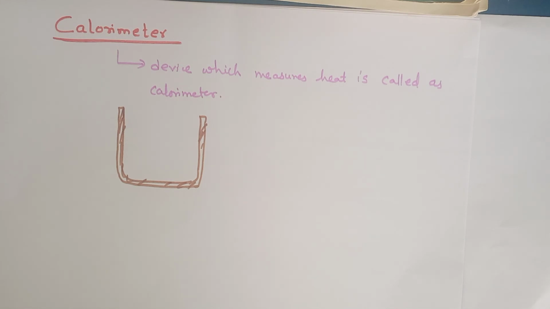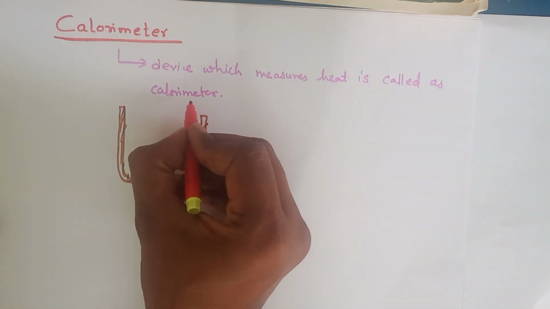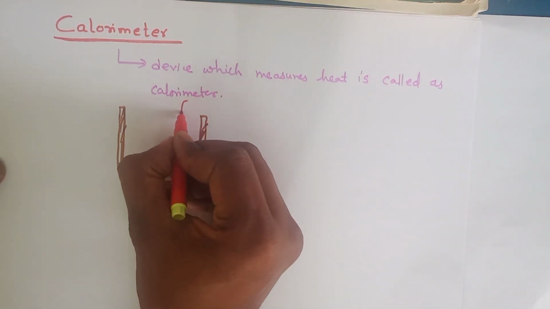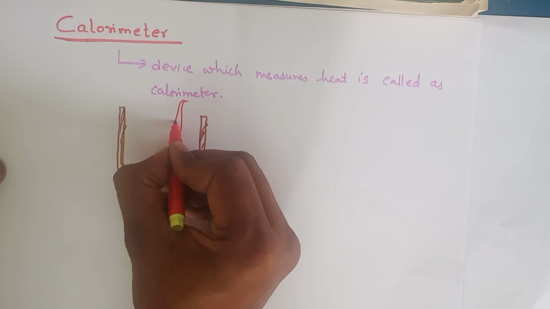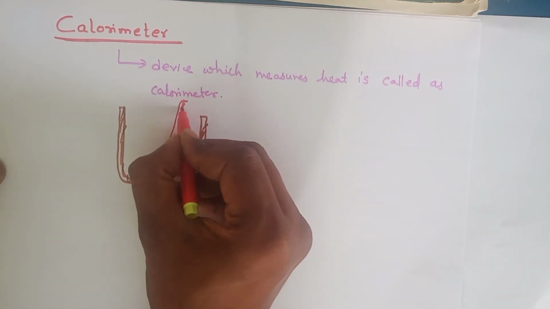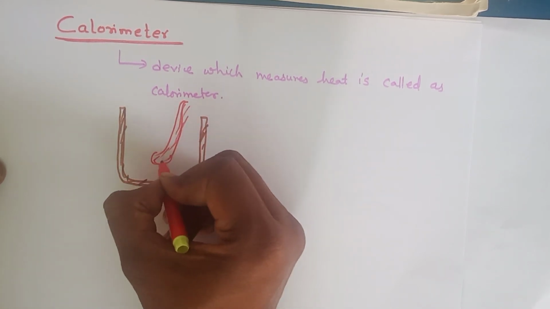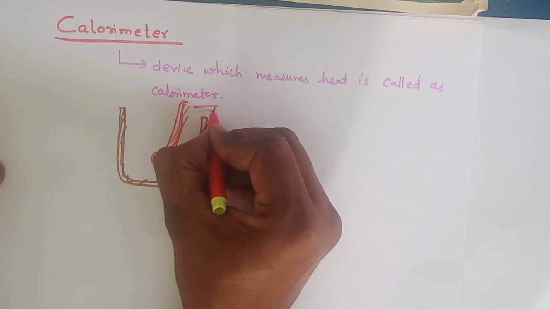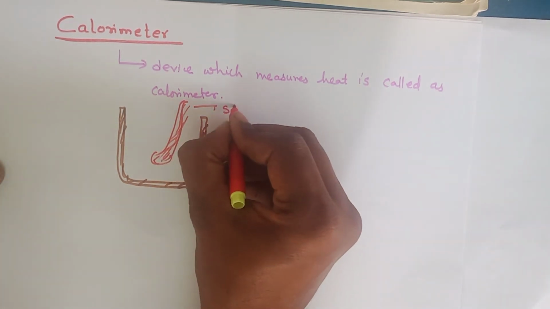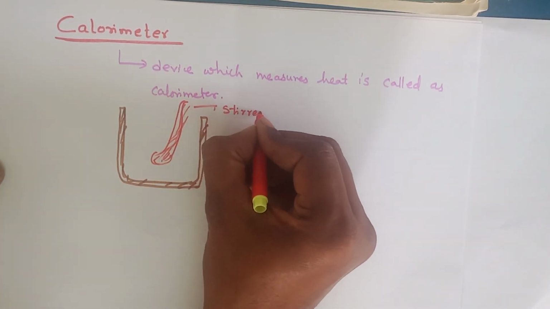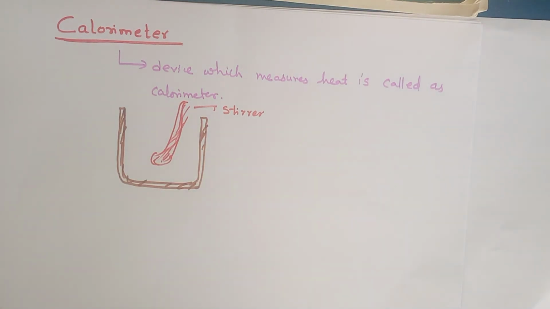There is another thing called a stirrer, made of the same material, which is used to stir the contents within the calorimeter, right?